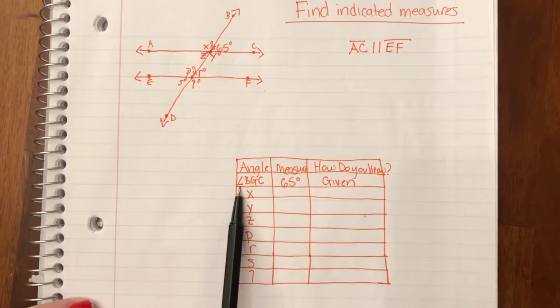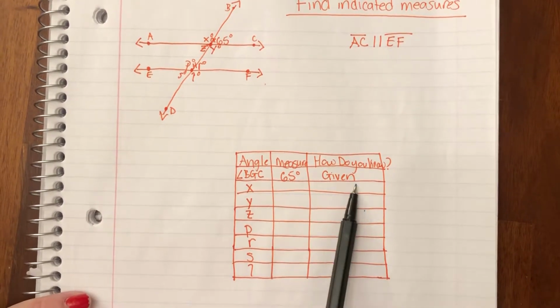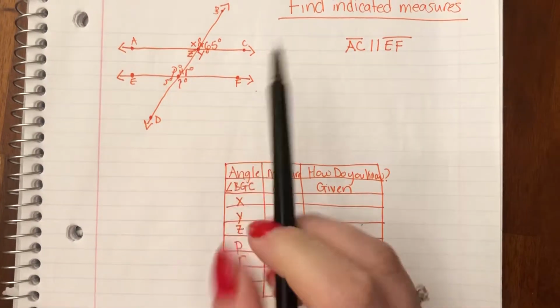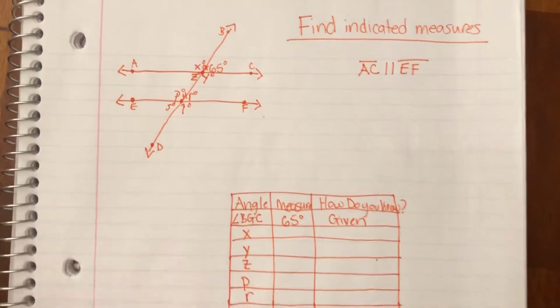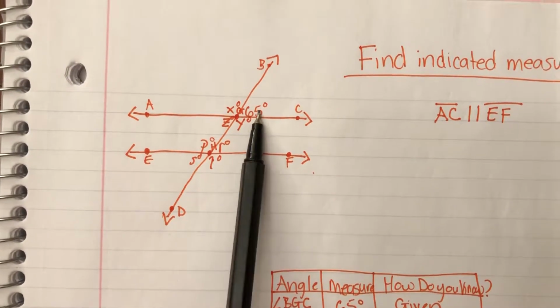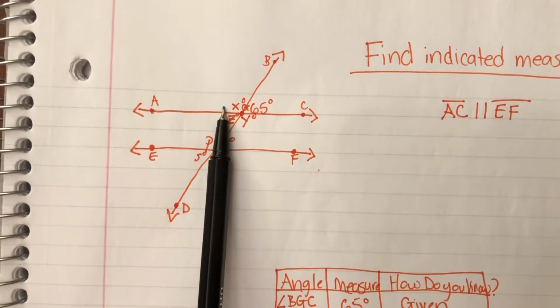We also see down here, angle BGC is 65 degrees. It's given. So looking at that, we can look at angle X. There are a couple different ways that you can do this, but the way I'm going to solve this is just say that 65 degrees plus X is going to be a linear pair.